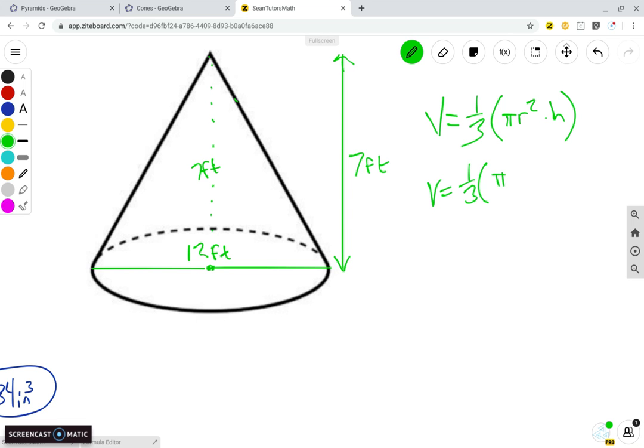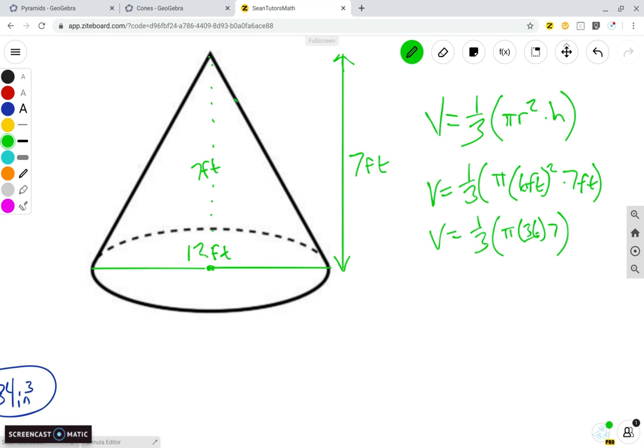Our radius is half of the diameter, so 6, not inches, we're in feet, squared, times the height of 7 feet. All right, so volume equals 1/3 pi. 6 squared is 36, times that 7.